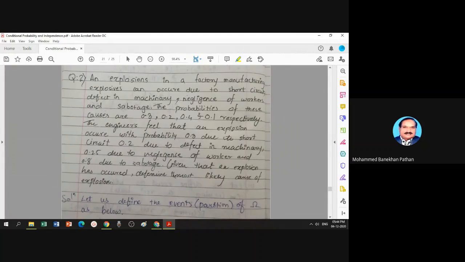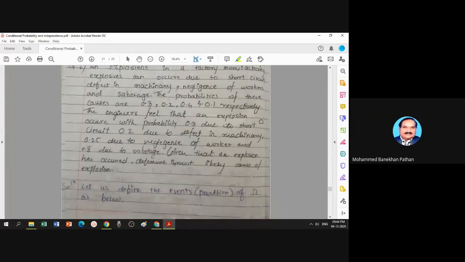The engineer feels that an explosion occurs with probability 0.3 due to the short circuit, 0.2 due to the machinery defect, 0.25 due to negligence of worker, and 0.8 due to the sabotage.